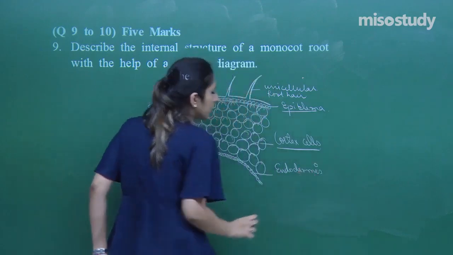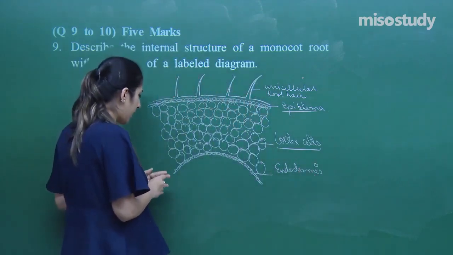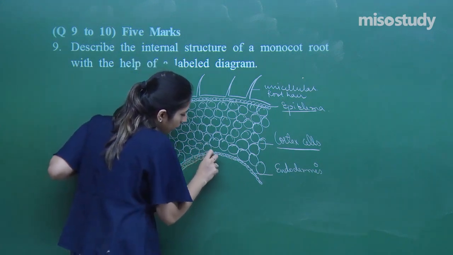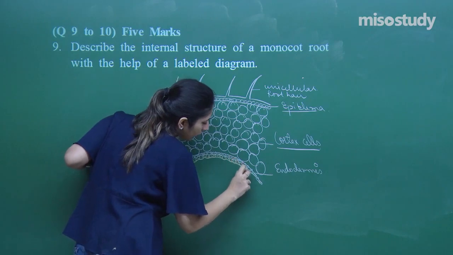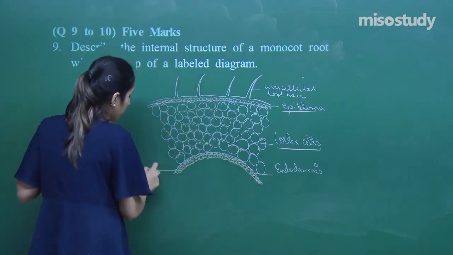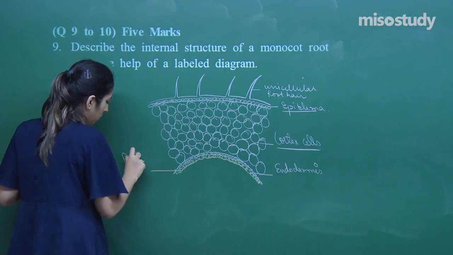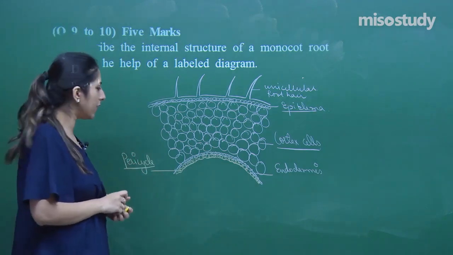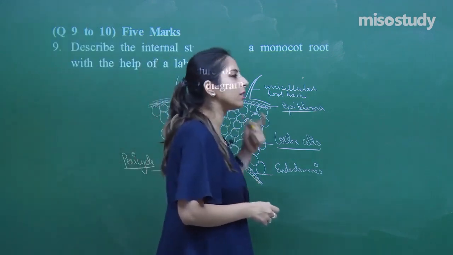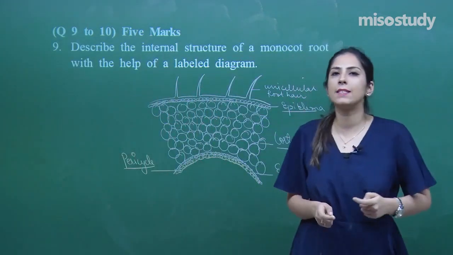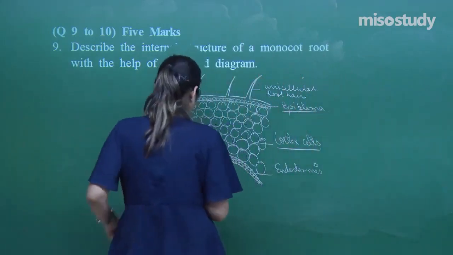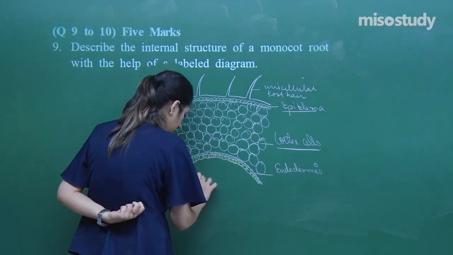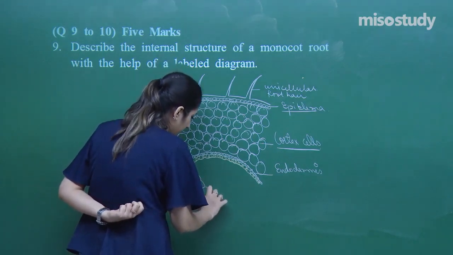Below endodermis, another layer is present, which we call the pericycle. After that, the vascular bundles present in this case are of exarch type. Polyarch condition is seen.